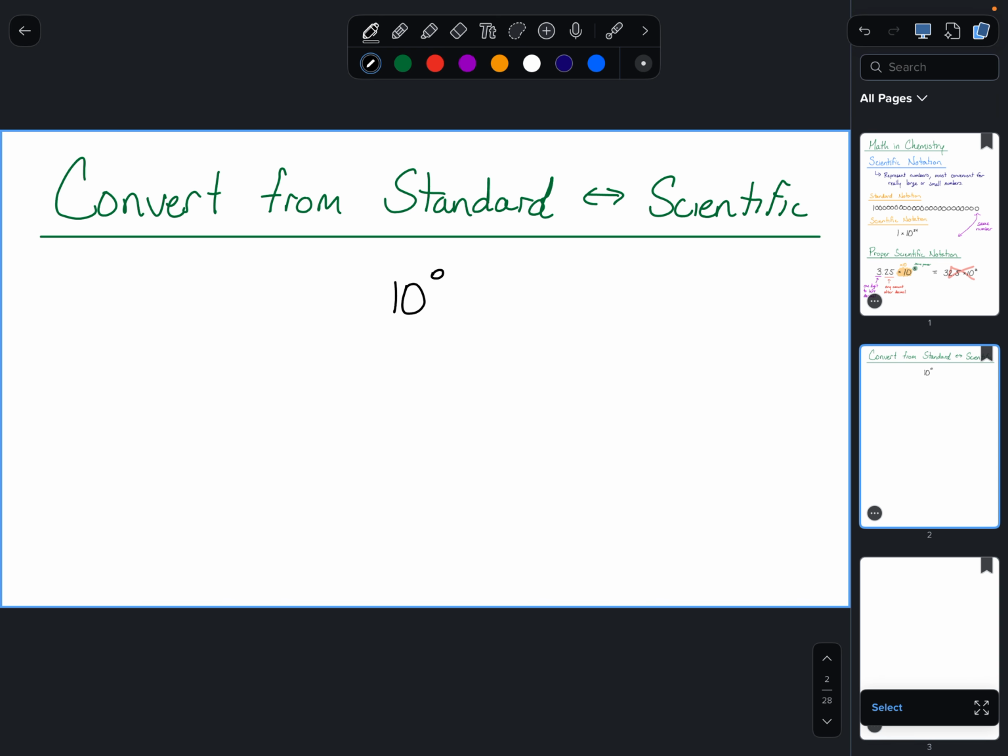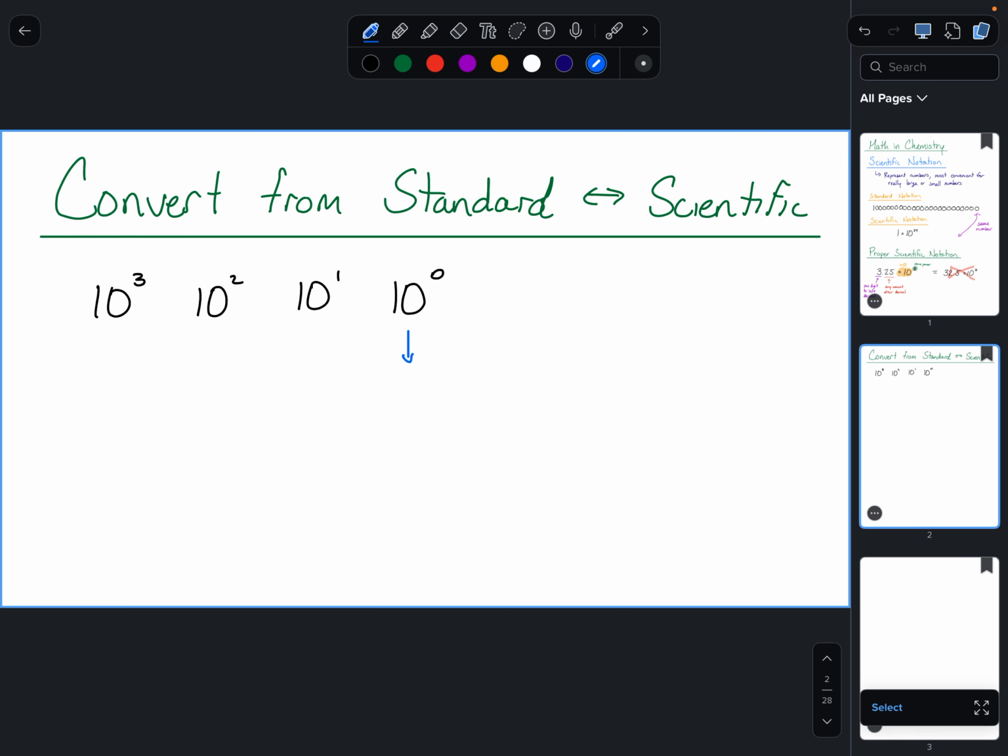All right, so let's do a few examples. Let's do 10 to the 0, 10 to the 1, 10 squared, and 10 to the third here. What is 10 to the 0? 1, right?